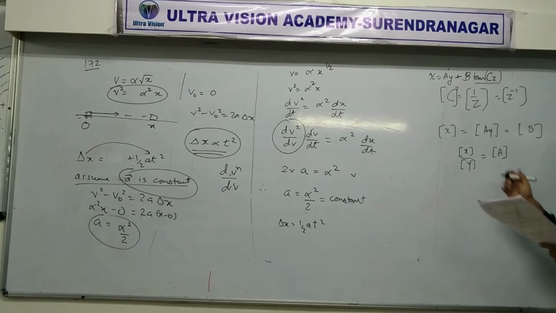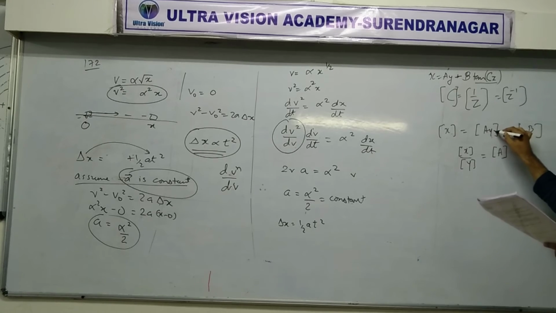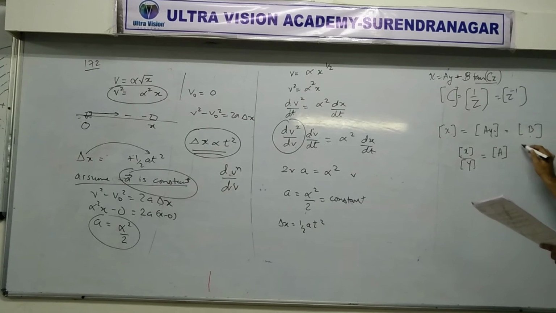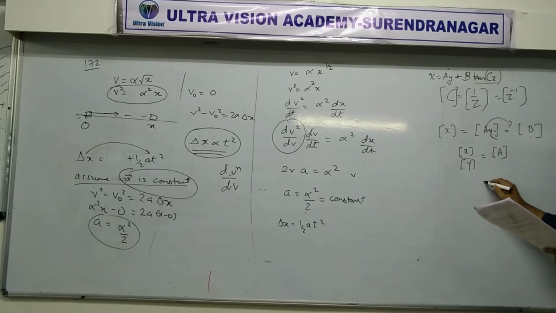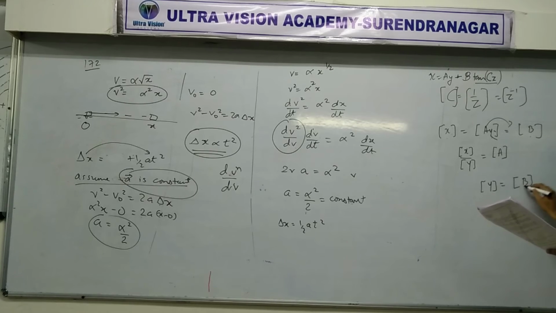C is not the answer because there also the same thing is going to happen. Dimensions of x and b and everything is same. So if you want to find dimensions of b by a, divide. Then what do you get? Dimensions of y equal to dimensions of b divided by dimensions of a. Clear? I hope you all are seeing that.